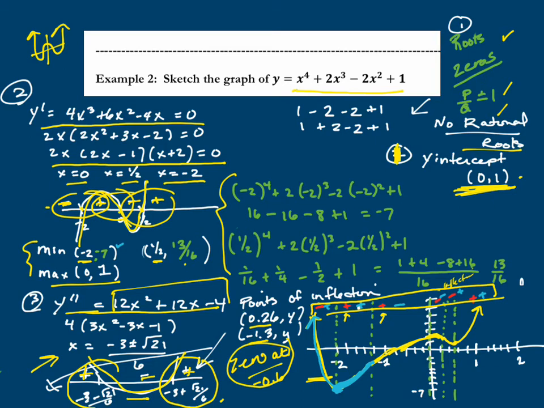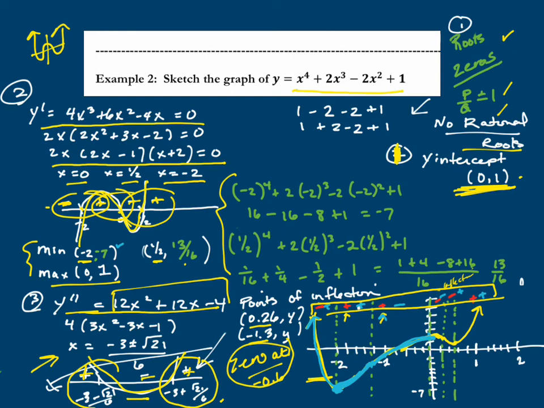Then you can see from -1.3 to 0, it is increasing concave down. So that's where this line comes in. Then from 0 to 0.26, it is decreasing concave down.